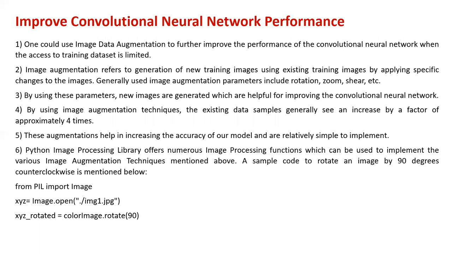So how can we improve convolutional neural network performance? I have figured out different processes to improve it. So the first step is, once we follow all these steps, our network performance will be better.